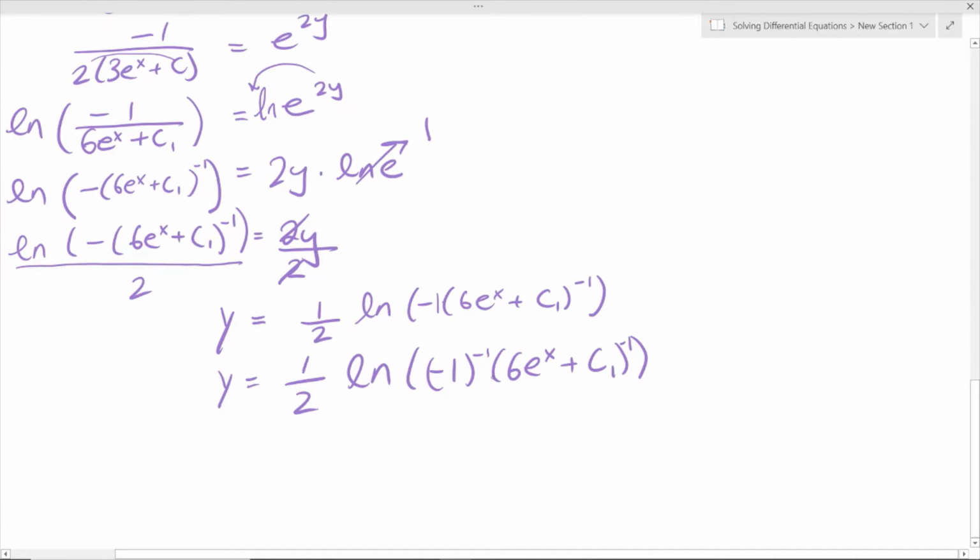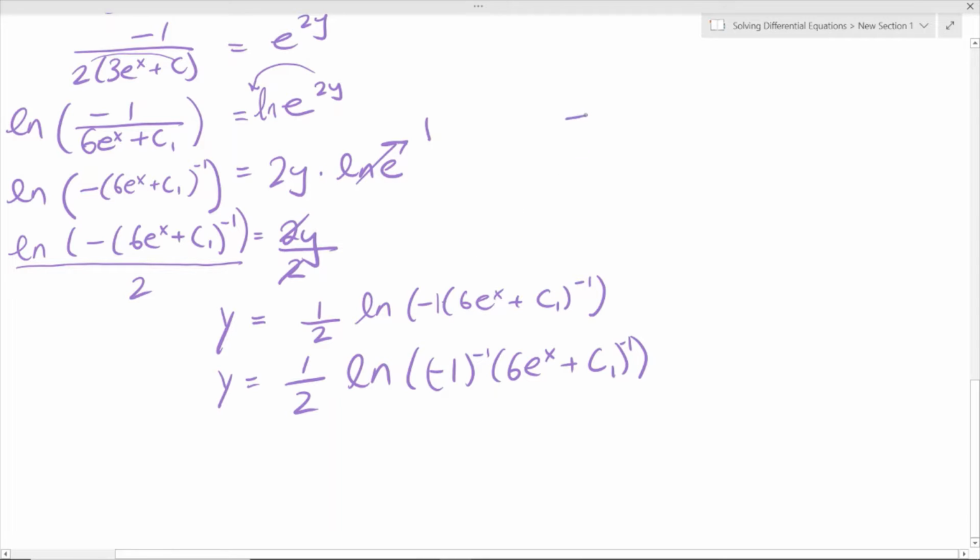This is not going to change anything if we apply the exponent of -1 to this -1 as well. It's not coming from here, but we're trying to manipulate this so we can change the whole thing to the exponent of -1.